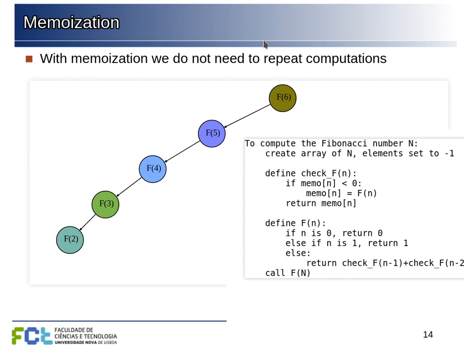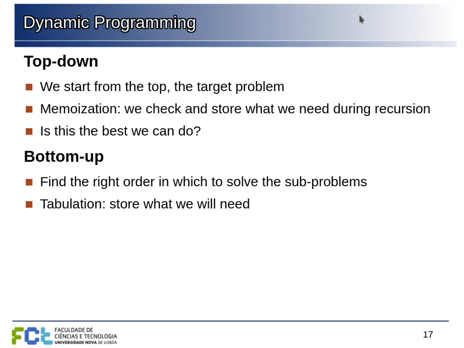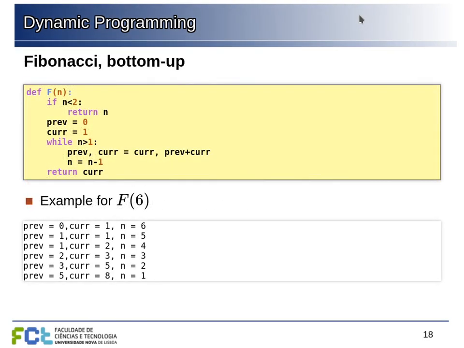simpler and simpler problems. But we can do this in the different direction by noticing that we only need the two last Fibonacci values to compute the next one.